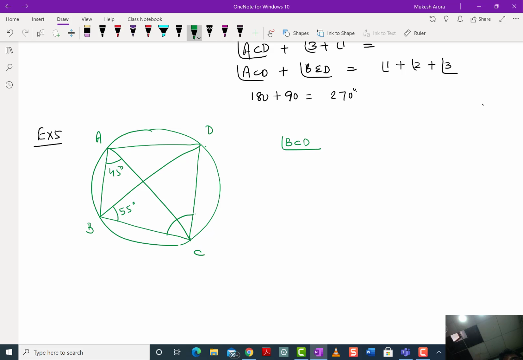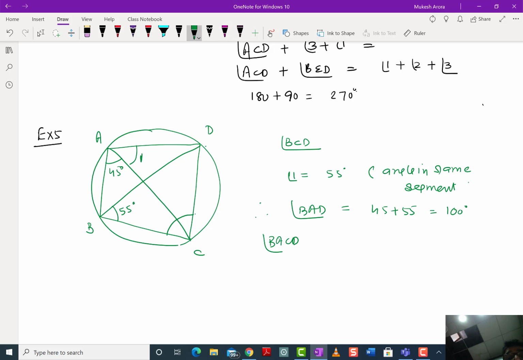We have to find this. So this is 55, so angle 1 is equal to 55, angle in the same segment. Therefore angle BAD is equal to 45 plus 55, which is 100 degrees.